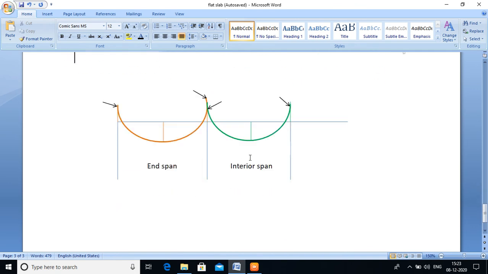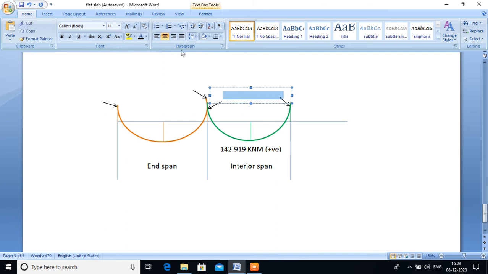Interior span middle moment we'll calculate first. That magnitude of interior span middle moment is 142.919 kilonewton meter positive, and the support moment is 265.42 kilonewton meter negative. Support moment we call negative, middle span moment we call positive.